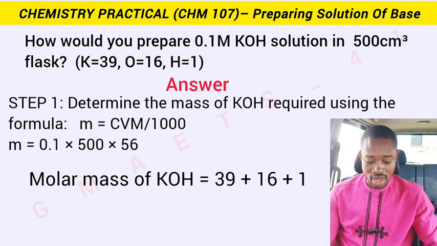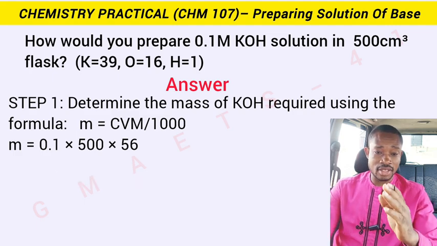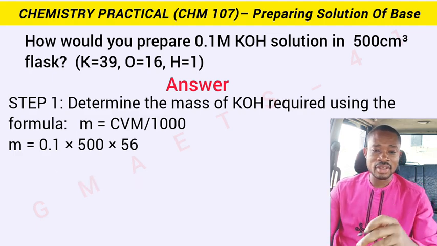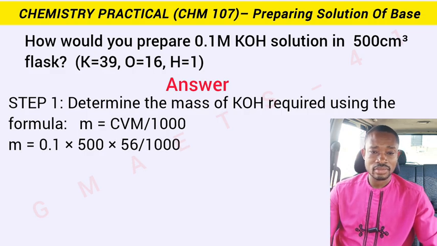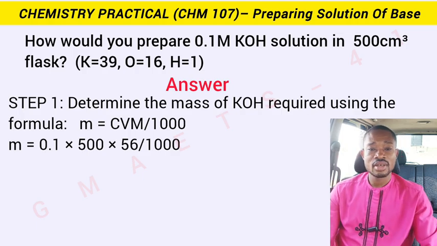If you add up 39 plus 16, you get 55, then plus 1, you see that you're going to get 56 grams per mole. That is the molar mass. Now divide everything by 1000. If you simplify this, the mass of the potassium hydroxide to be dissolved in this case is 2.8 grams.